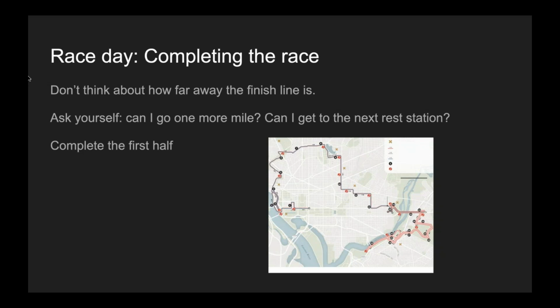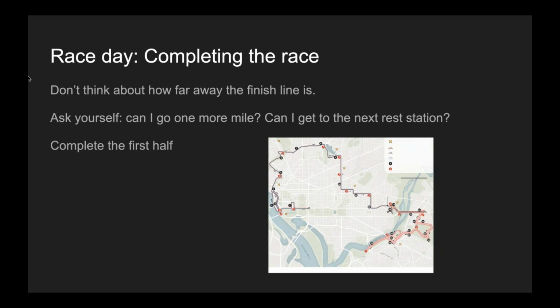In fact, oftentimes the longest run you do before a marathon is only about 20 miles. That extra 6 miles of boost really just comes from being hyped on race day, being excited that you're there, running with all the other people and having people cheer you on. It's kind of amazing, but you don't need to have trained all the way up to a 26-mile race before doing one.